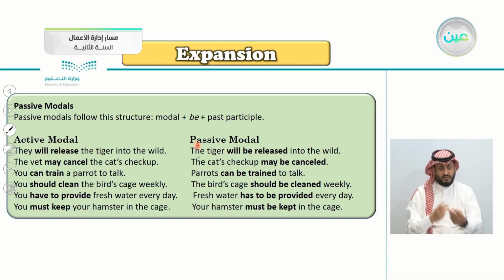So we begin with the object in the passive and we say will, this is the modal here, be, and the past participle is released. The modal will be released. May cancel here, for example. May, this is the modal, be cancelled, and so on.